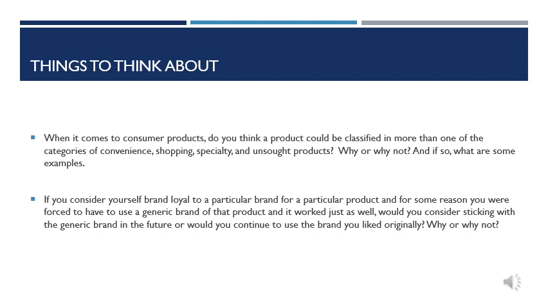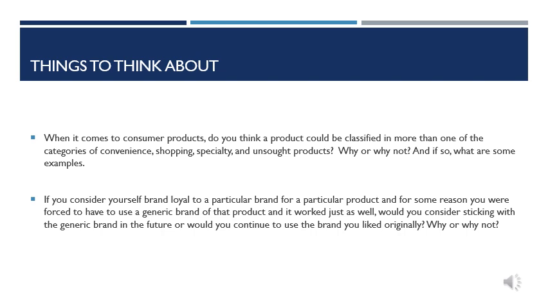Now here are a couple questions to think about when it comes to classifying products and brand loyalty. The first question is, when it comes to consumer products, do you think a product could be classified in more than one of the categories of convenience, shopping, specialty, and unsought products? Why or why not? And if so, what are some examples of items that could be classified as more than one?